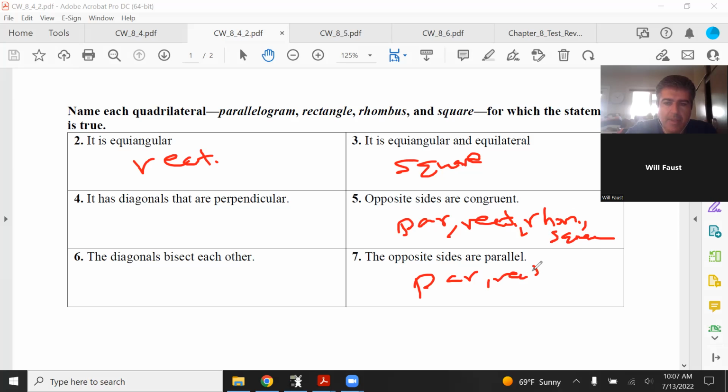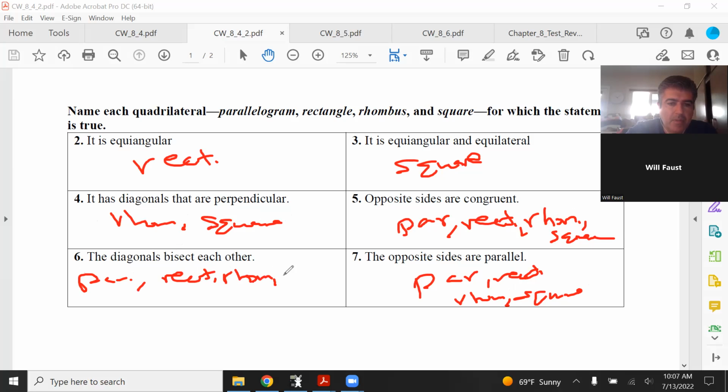And same thing here: rectangle, rhombus, and square. Diagonals that are perpendicular, that's not true for a rectangle, but it is true for a rhombus and a square. Diagonals bisect each other, that's true for all of them. Equiangular: rectangle and square, by the way.